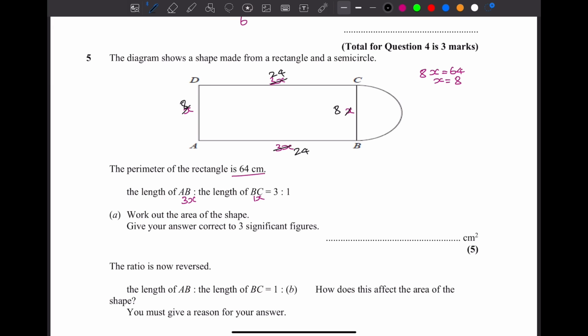Area of the shape: the area of the rectangle is 24 times 8, plus the area of the semicircle. The circle is pi times r squared. If this is your diameter, remember, this is the diameter of the circle. We don't want the diameter, we want the radius, which is 4. Pi times 4 squared is for the full circle, but you don't want a full circle, so divide by 2, half circle.